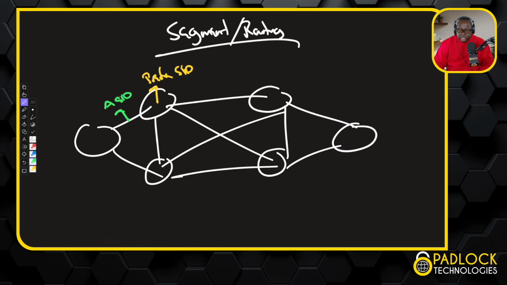So I'm going to just say a SID, okay? And usually in SR, when you look at your forwarding table, you're only really going to be concerned with going to the node per se. So you're going to have your nodes, so the label is going to look the same on every table. Okay. So let's say this was 6001 here, and this was, let's say, 6009, and this was 16001.